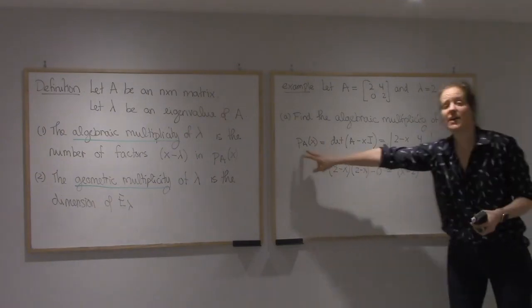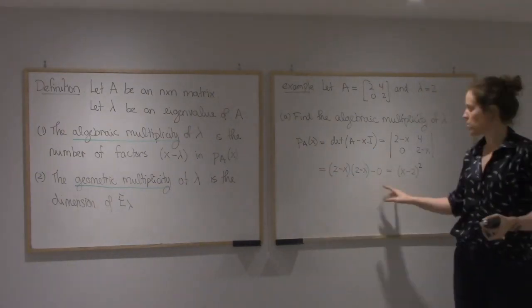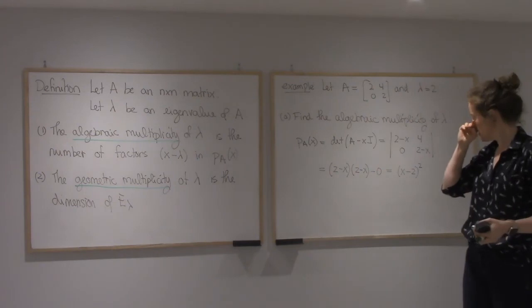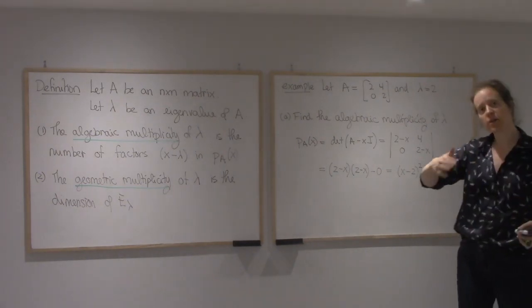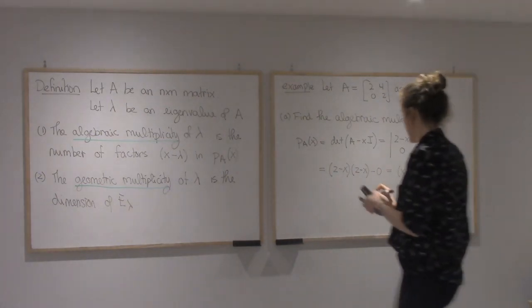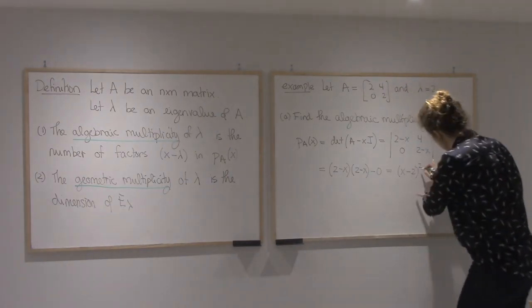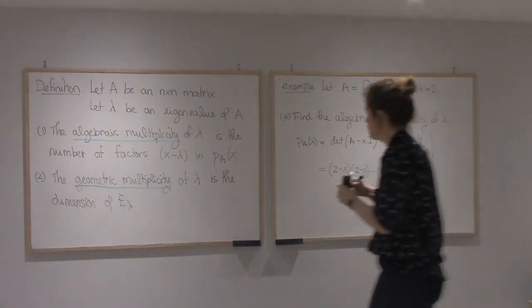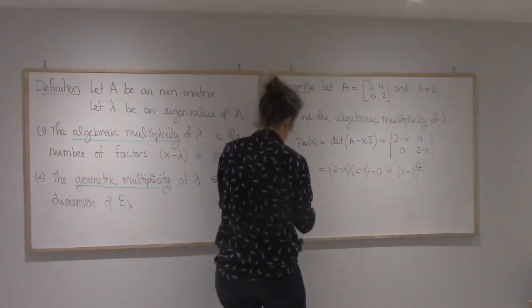All right, so when I factor p_A of x, which wasn't too hard here because it comes factored, I have x minus 2 there twice. That means this power here is going to be your algebraic multiplicity.